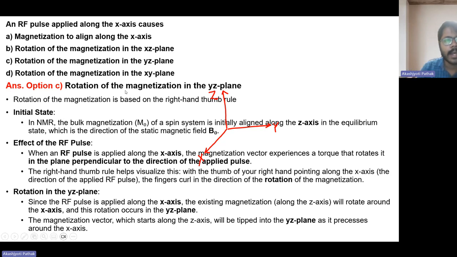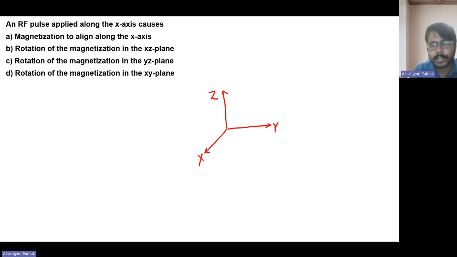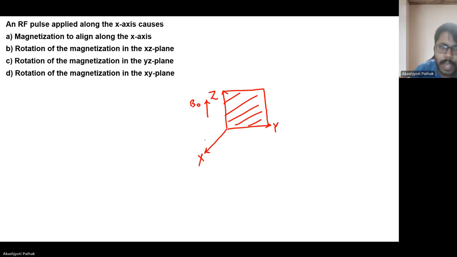Okay, so the correct answer is not the YZ plane. The YZ plane is this plane, right? But my bulk magnetization M naught is along the Z axis, and I am applying the RF pulse along this axis.